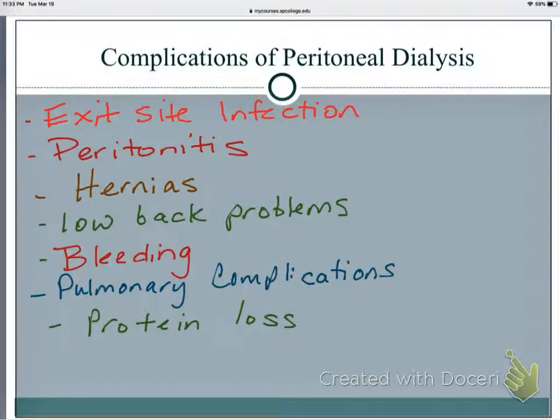Another complication is bleeding. So normal effluent should be clear, right? If there's blood in it, that should be reported to the provider. It's not normal. But sometimes it can be present if a woman is menstruating. So that's like the only time it can be normal. But otherwise it shouldn't be there. Sometimes people are on blood thinners and that can happen.